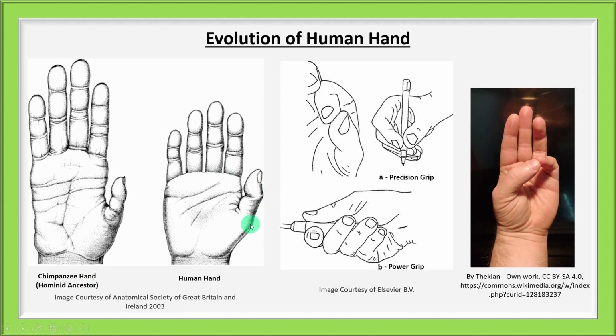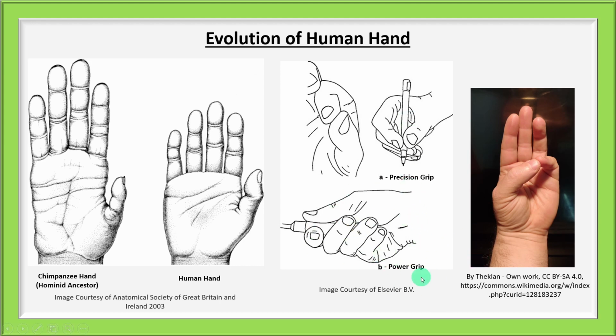You'll notice that humans have a longer thumb, and this longer thumb gives us two important grips: a precision grip and a power grip. Precision grip is used for writing and all the precision work, and power grip is used for lifting heavy objects and throwing things, which will be important for hunting techniques.